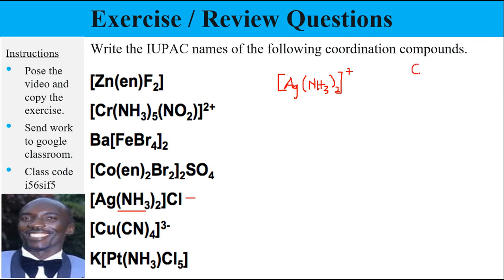Just like how we name this one, we call it chloride ion because it is charged. But this one we call chlorine because it is not charged. So even our complex, we are calling it diamine silver 1 ion.